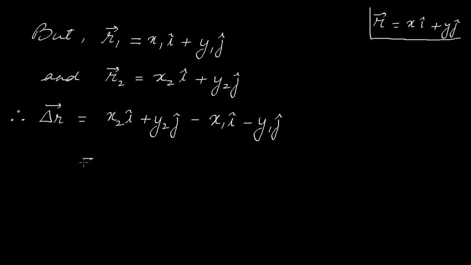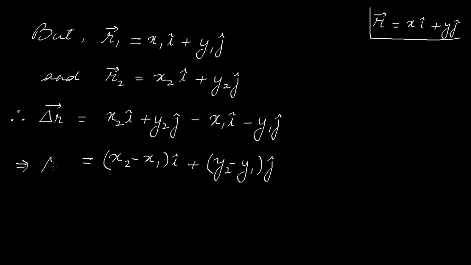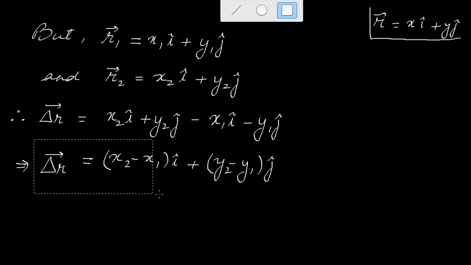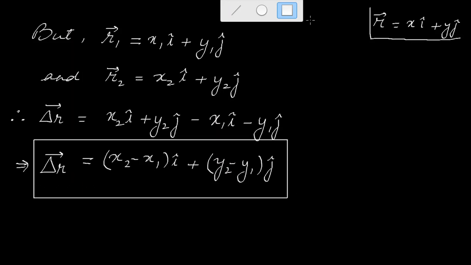Okay, so can I take common the i? So if you take common i cap, you get x2 minus x1 inside of a bracket i cap plus, if you take common j cap, you have y2 minus y1 j cap. Okay, so this is nothing but the displacement vector.